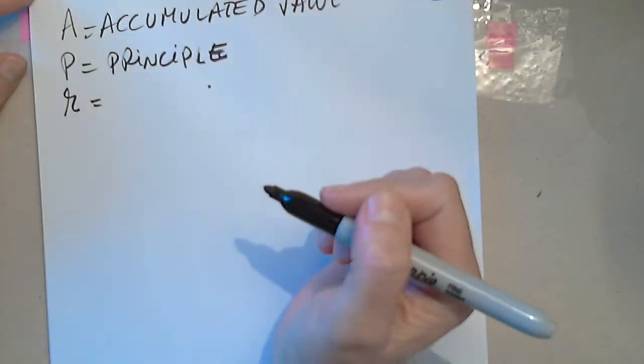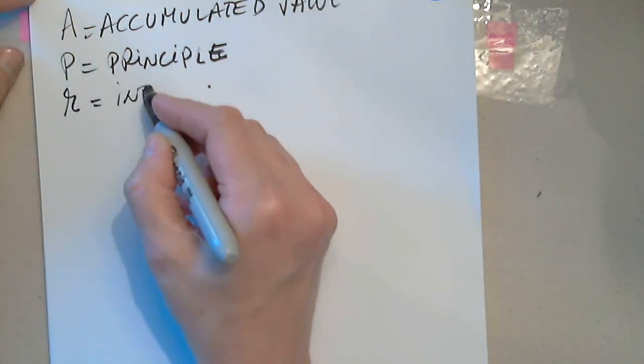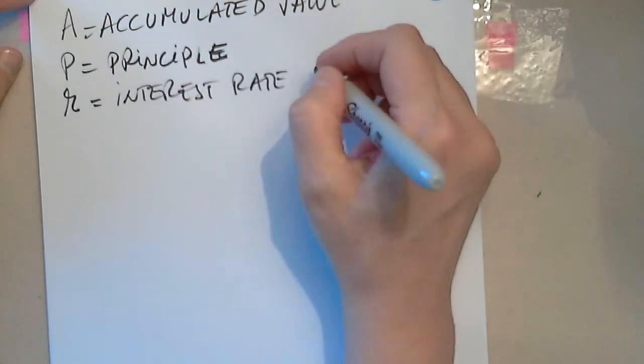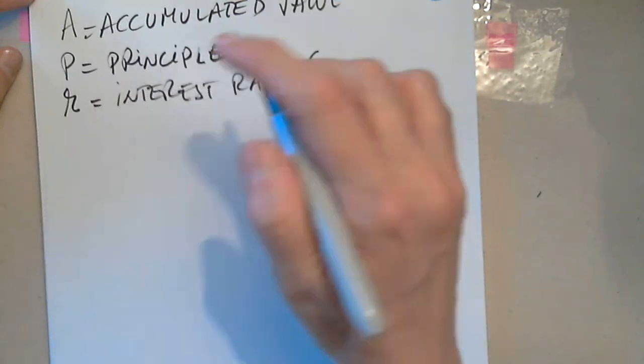Lowercase r, the annual interest rate. I should have written "annual" in front, I'm sorry.